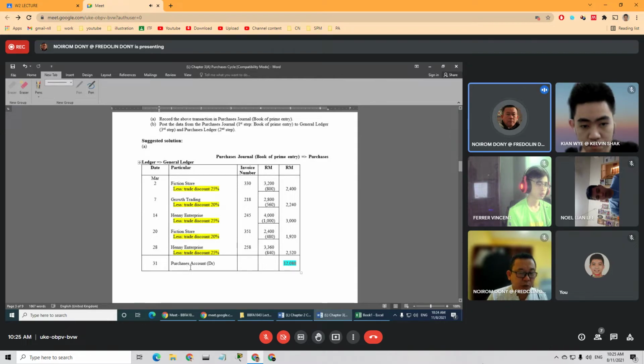So when we do the ledger account later, you will put it on the debit side. Then you total up the last column: 2,004 plus 2,240, 3,000 plus 1,920 plus 2,520. Then we have a total of 12,080.